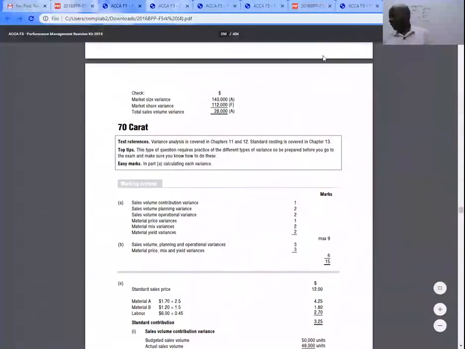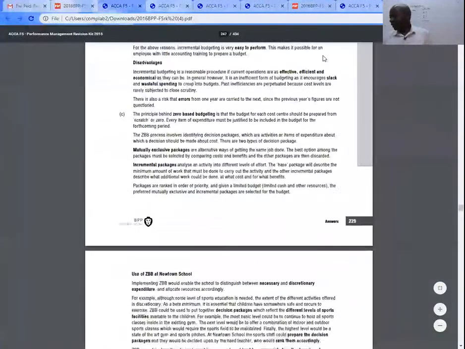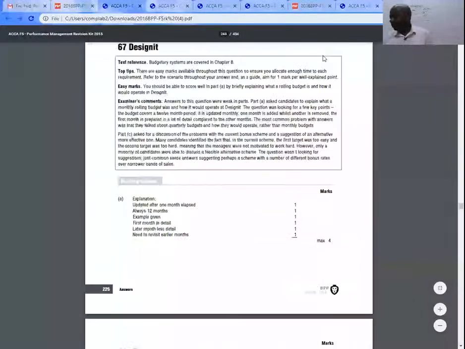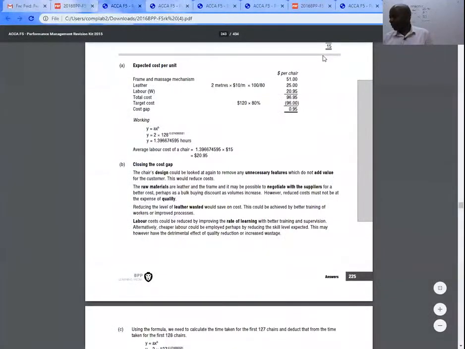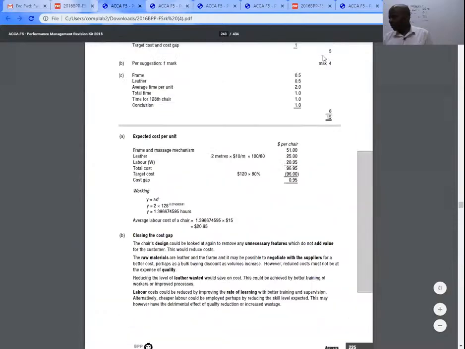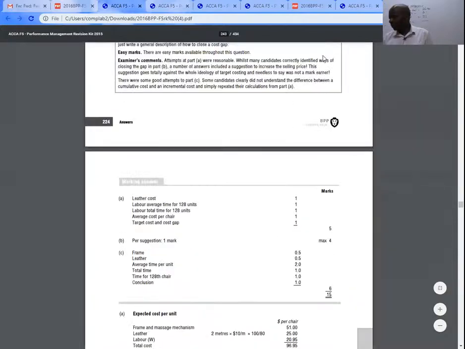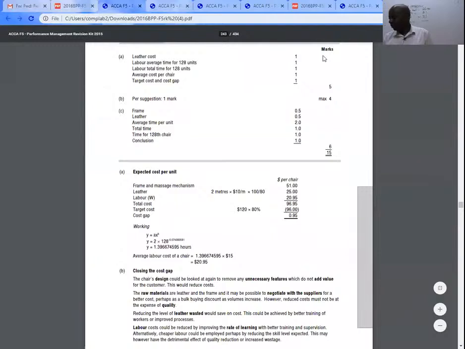Because you guys are younger than me, I'm so sure scrolling can never be a problem to you. So you can see what they have done here, the answer they have is 96.95. And the most important thing is how they handled the loss, this 25, how they got it.